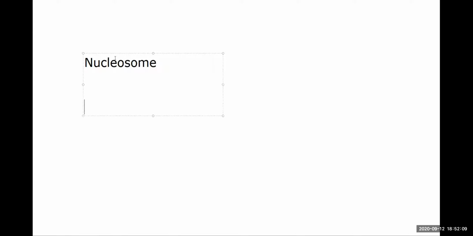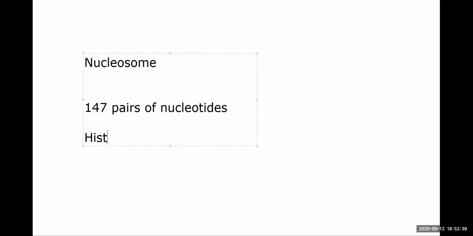A single nucleosome is made up of 147 base pairs of nucleotide. Some books say 150, but generally most books say 147 to 148. And with these 147 base pairs are associated proteins, a family of proteins called histone proteins.